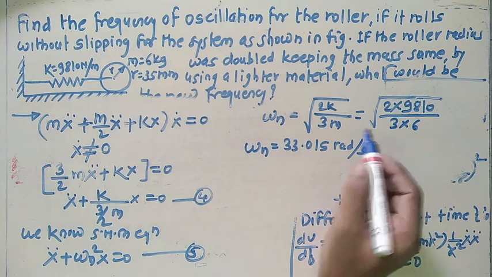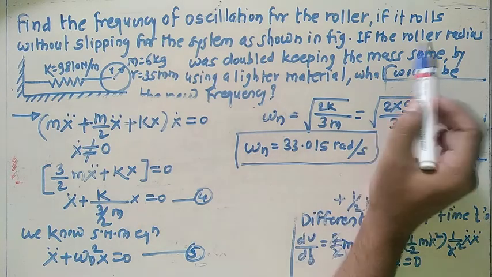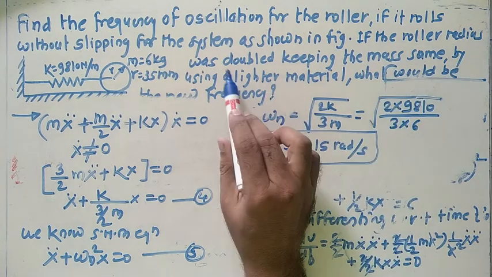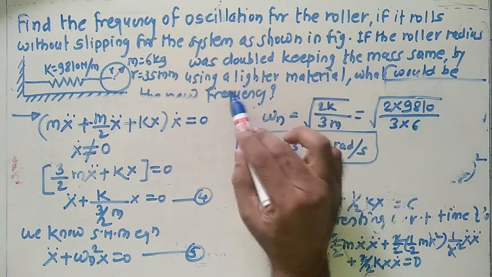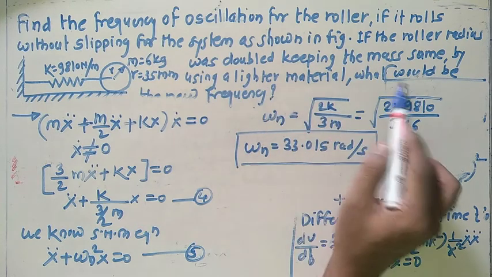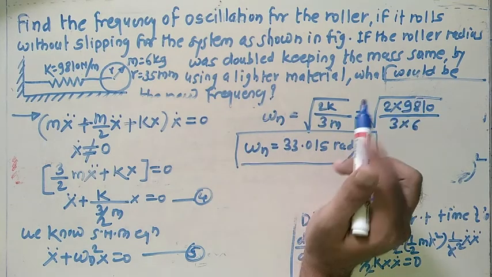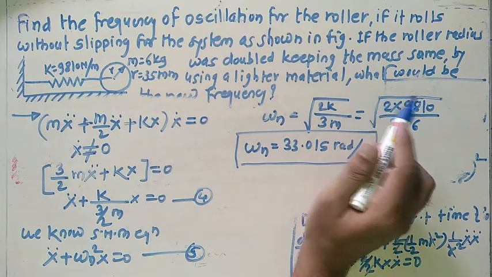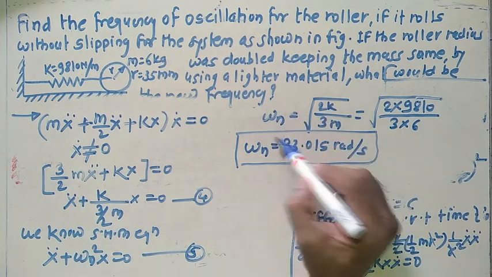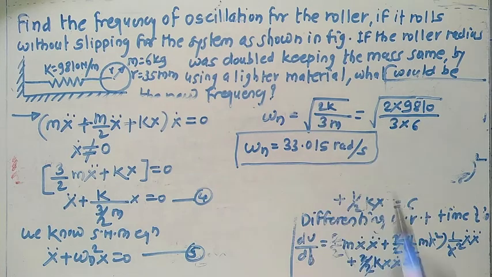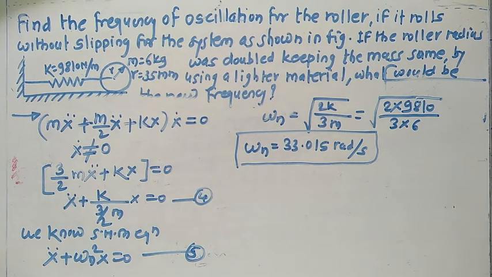Now see what our next target is. Our first aim is to find the frequency of the oscillation, and the next one: if the roller radius was doubled, keeping the mass the same by using a lighter material, what would be the new frequency? This is the question asked. So for that, if you look carefully at the relation obtained for the frequency, there is no radius term available.